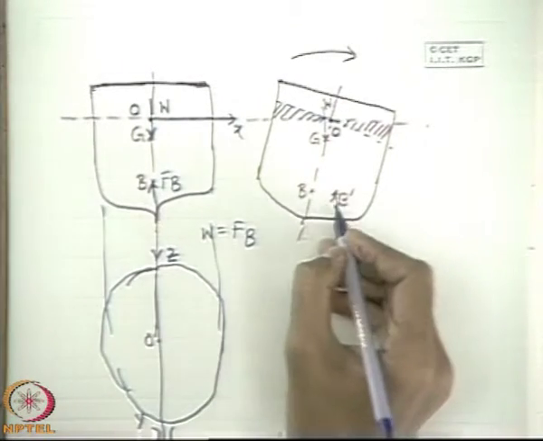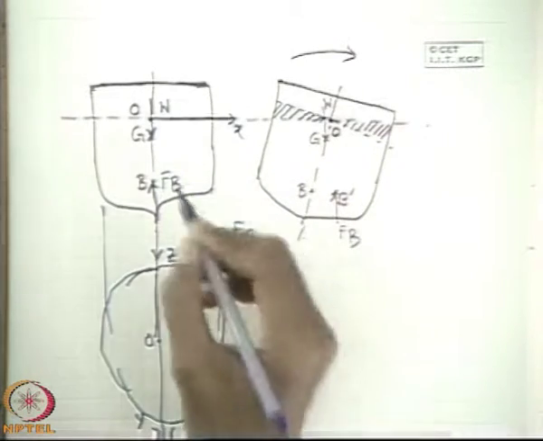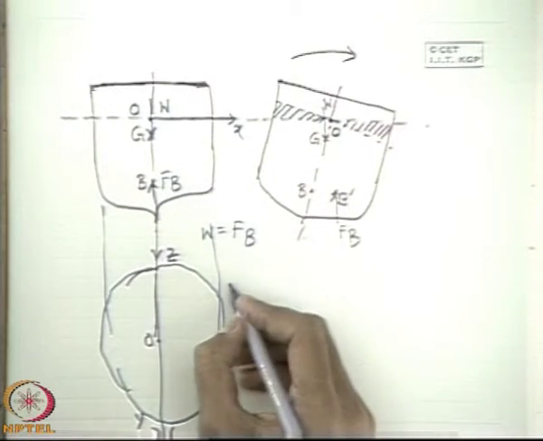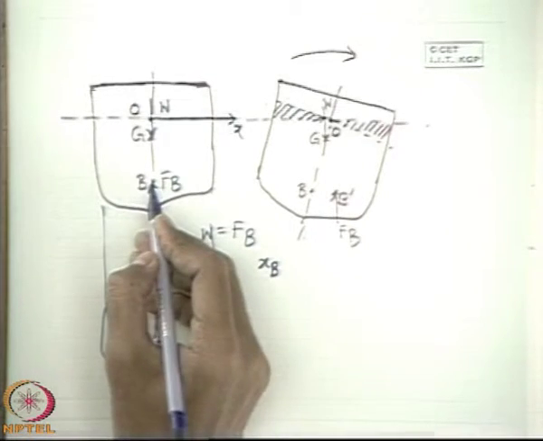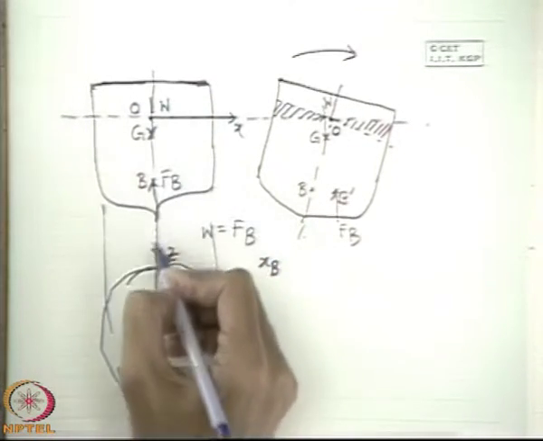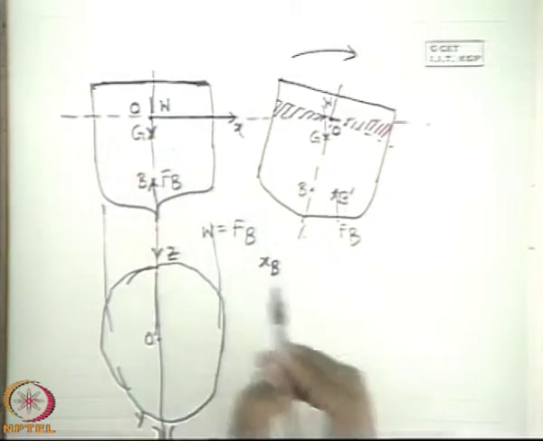Now if we define the X coordinate of the center of buoyancy as XB, which is definitely 0 under this condition, because this is the Z axis, that means distance from the Z axis.